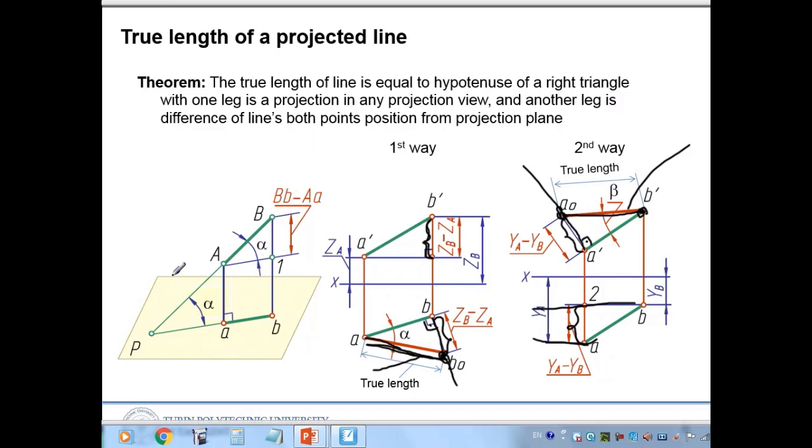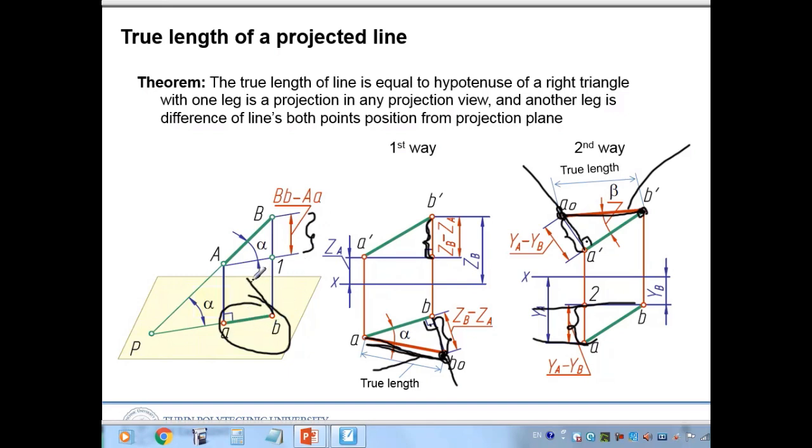So in reality, it is something like this. We have AB, and this one is generated from AB, right? So that's why the length of this one is equal to the other. This one is taken from here, and we are making 90 degrees on that plane.